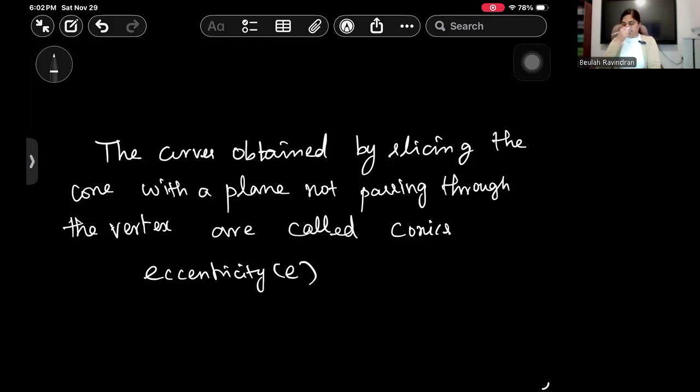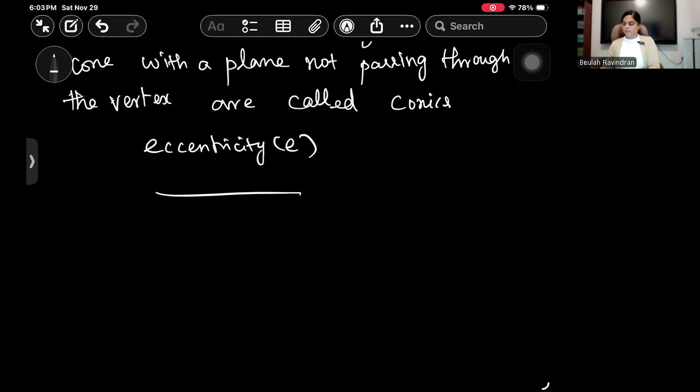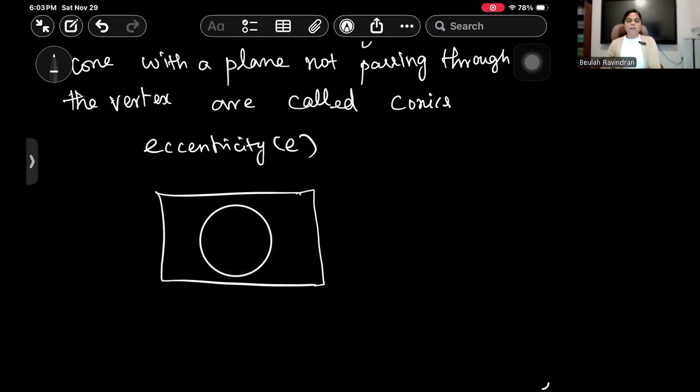Now the circle: the set of all points in a plane that are equidistant from a fixed point in that plane. If this is a plane, and in that you locate any point, let this point be P of x comma y.